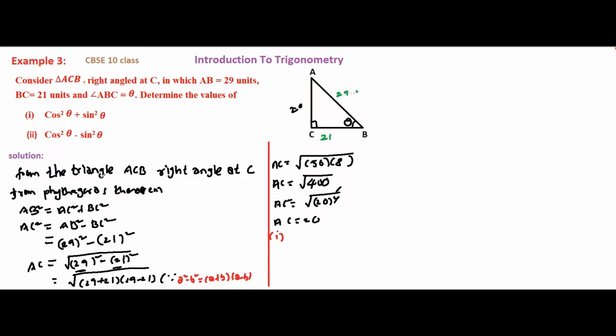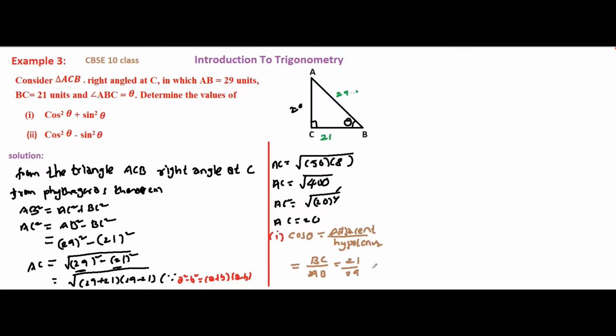Adjacent is BC, hypotenuse is AB. BC is 21 and AB is 29. So cos theta equals 21 by 29.